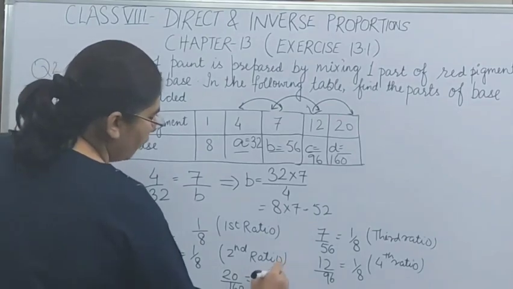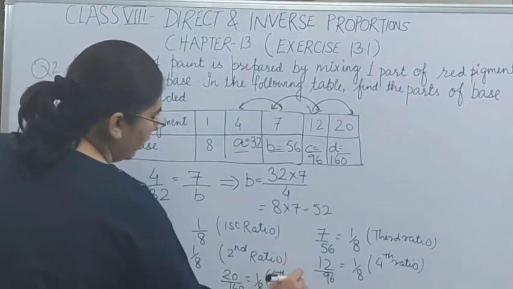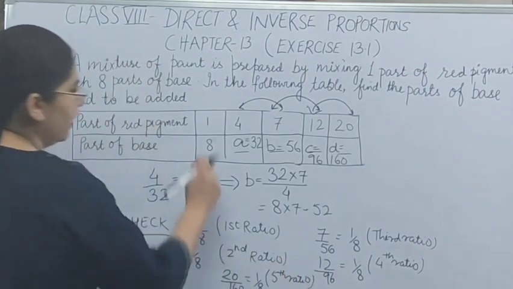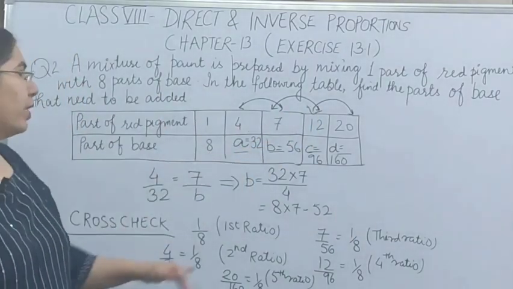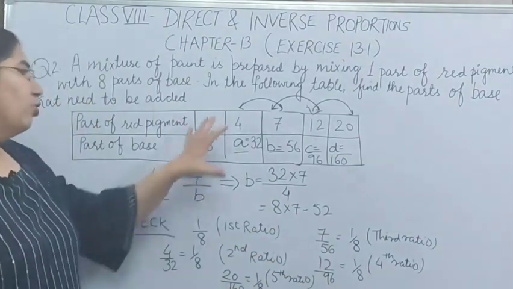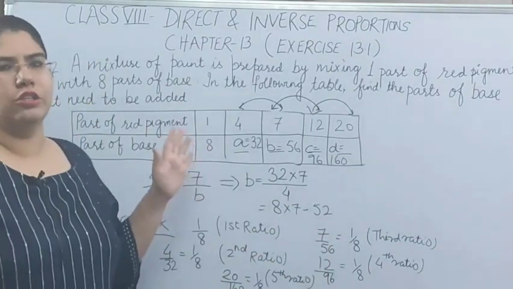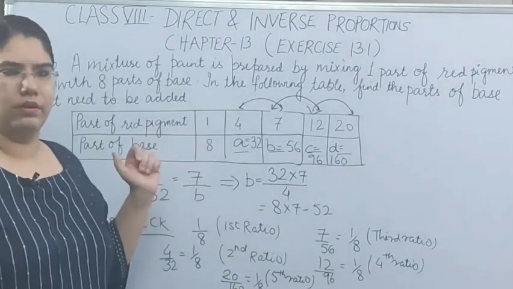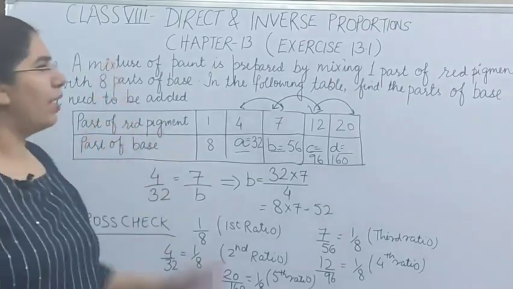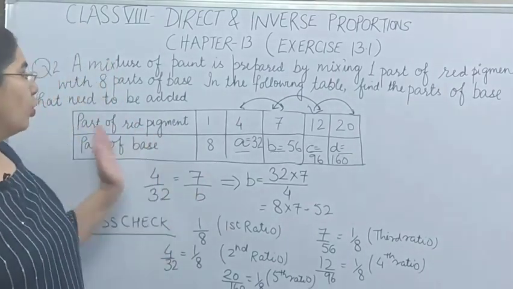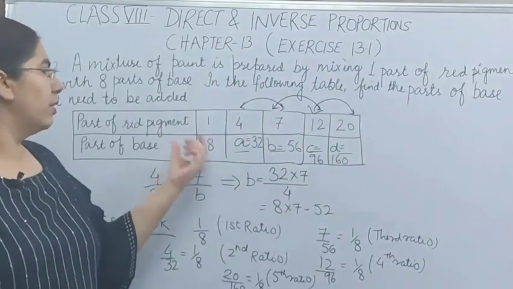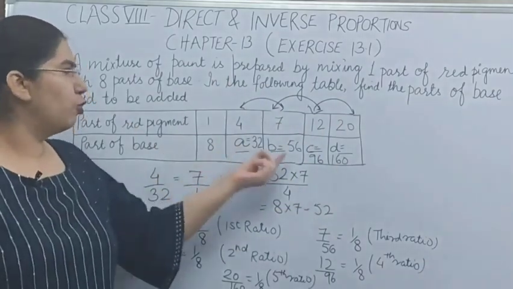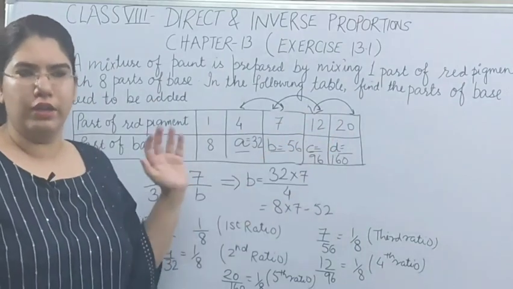So after you have finished and there is time left, you can quickly check all these ratios in their simplified form, and if you get the same value, you can be sure that the question that you have attempted is correct. Okay, so have you understood all this? This sort of question is where you will be given one value and you have to be finding the corresponding ratios.